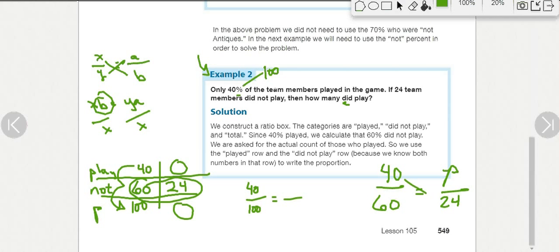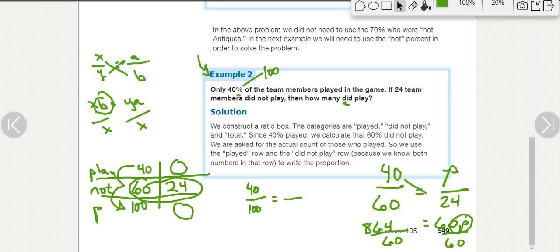Now we can cross multiply. 40 times 24 is 864. 60p. Then you divide by 60 to know what p is. Let's see how I'm doing.